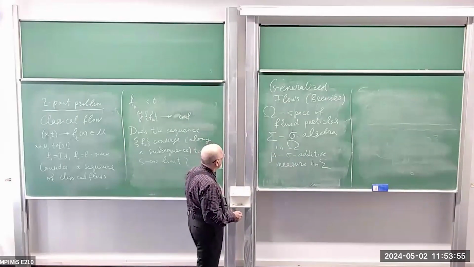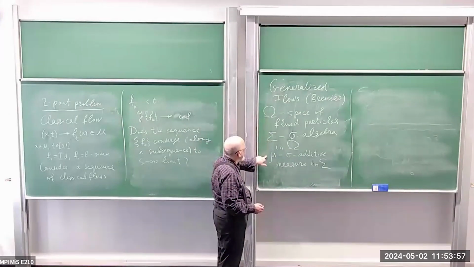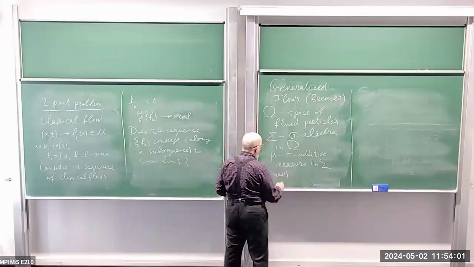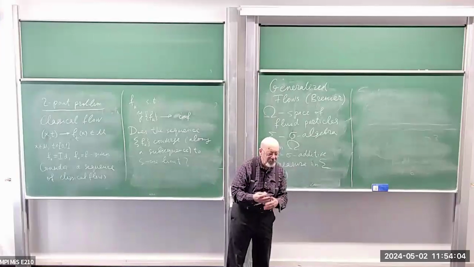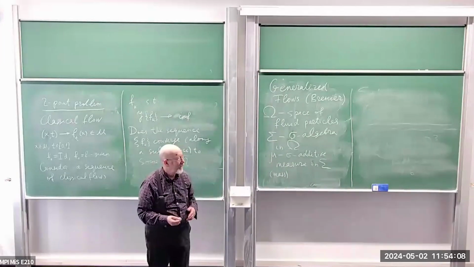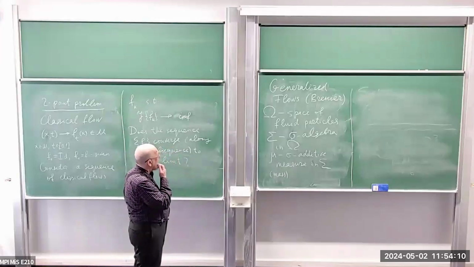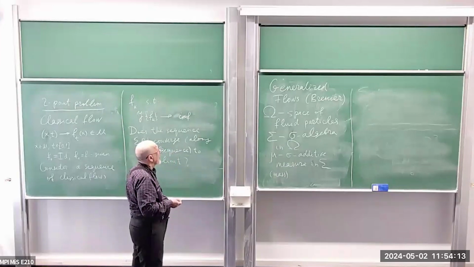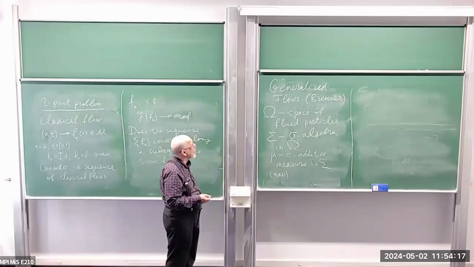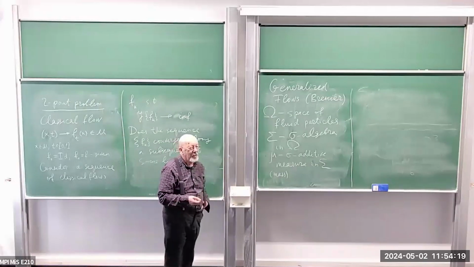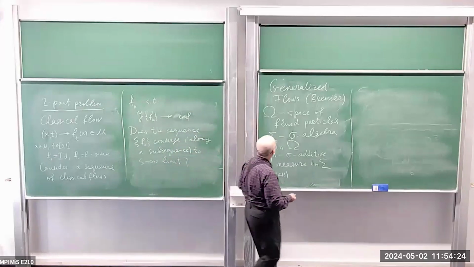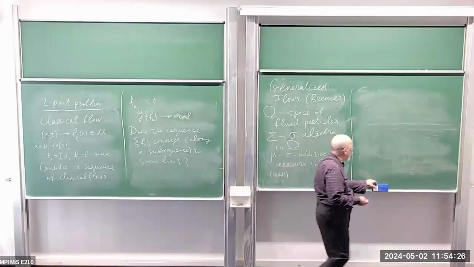So first of all, this measure is nothing but mass. So for some sets of particles, we can define the mass. For some others, we cannot. This notion is wide enough to accommodate more or less anything which we need. It is a space of fluid particles.